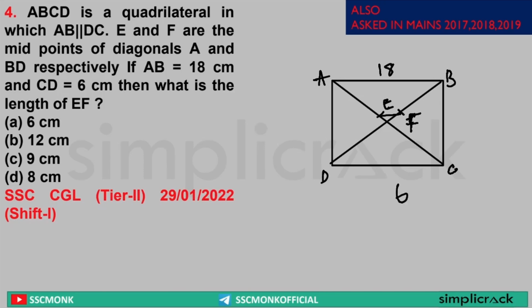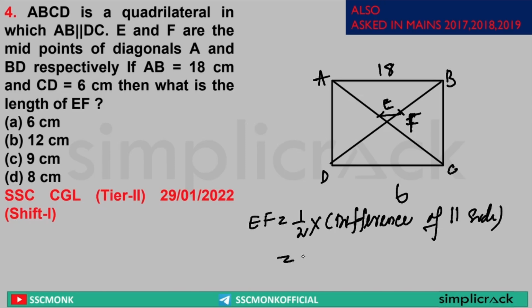So remember, when AB is parallel to CD, the value of EF is equal to half of the difference of parallel sides. Okay, so that means half of 18 minus 6, that is equal to half of 12, that is equal to 6 centimeters. That is option A.